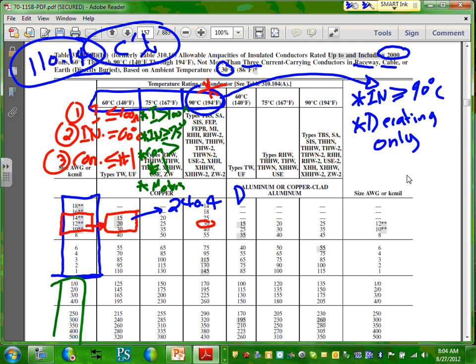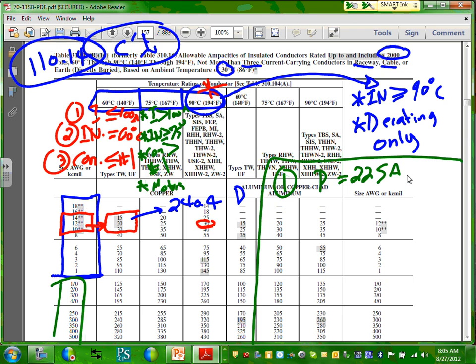Does it make sense? Let's take a very quick example right from the get-go here, just to summarize. Example number one, guys: I have a panel, a 225 amp panel.